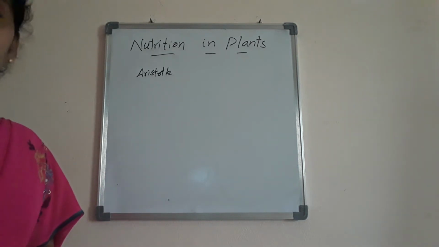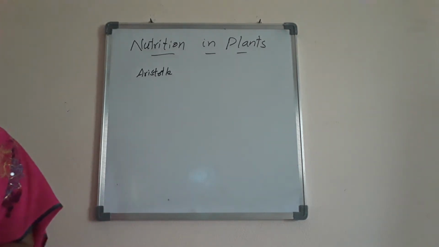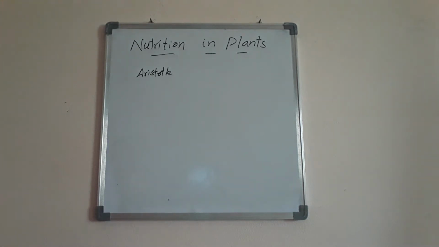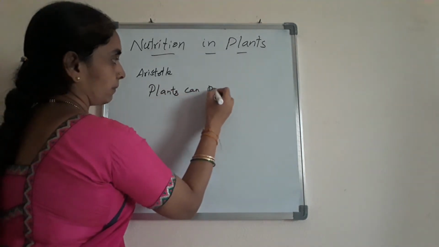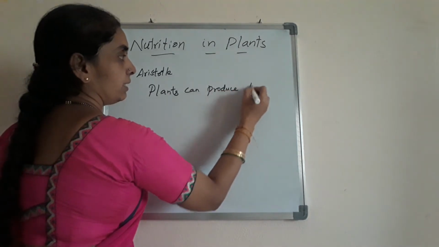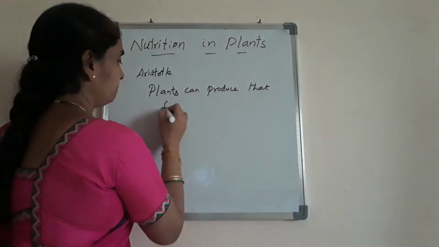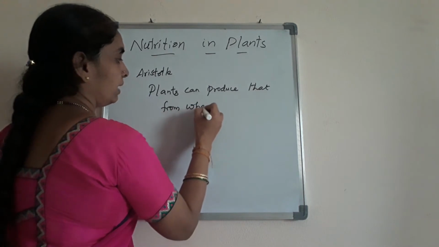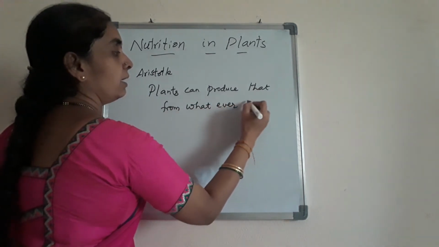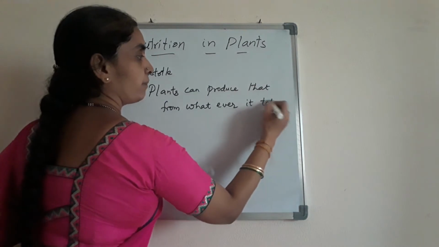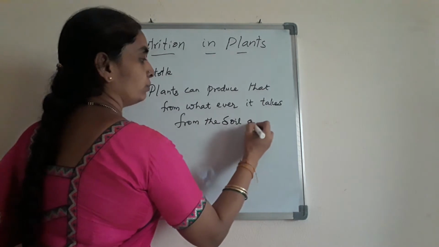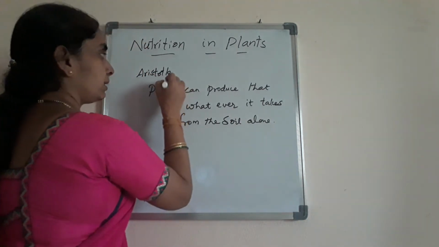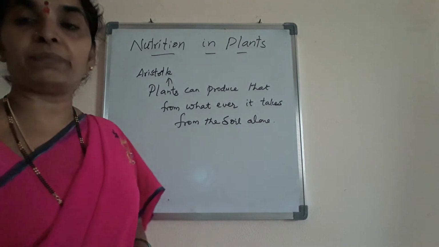He held that plants could produce food from whatever they take from the soil alone. That was what Aristotle described about the plants.